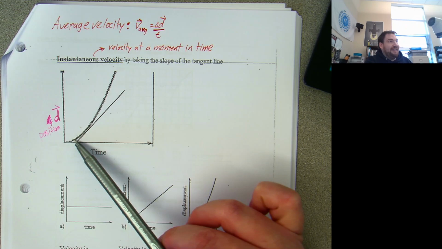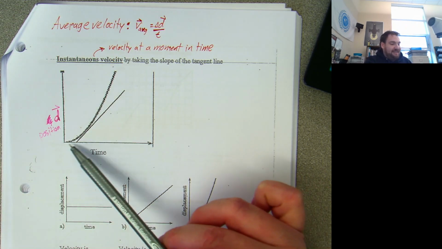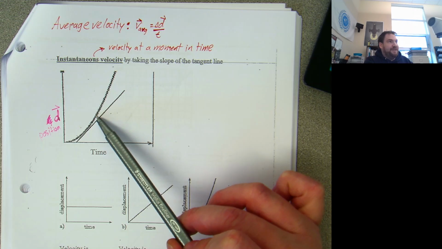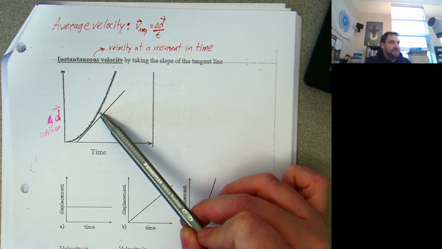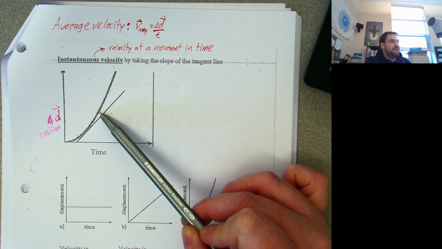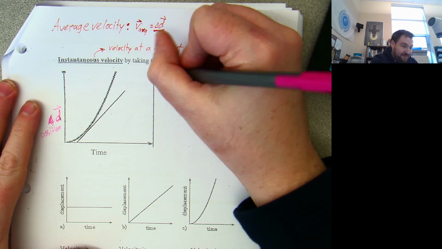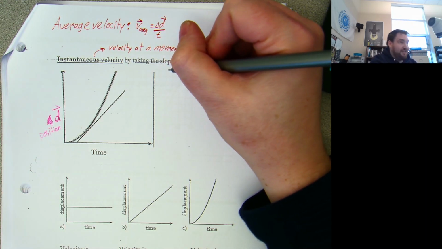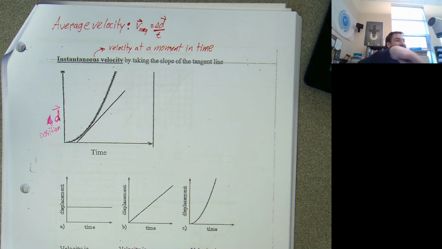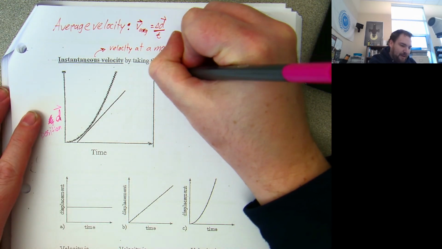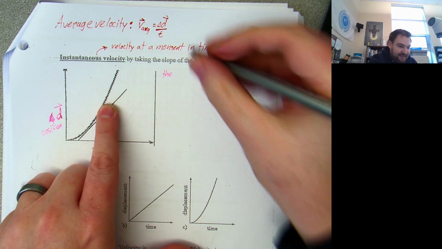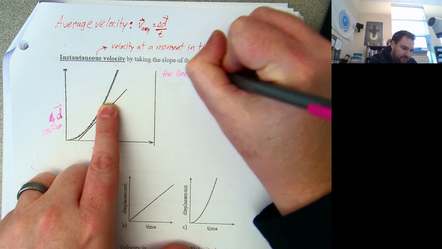If a curved line is getting steeper, that means that as time is progressing, the slope is getting steeper, and if slope is velocity, what's happening to our object in this graph? It's accelerating. So this is our introduction to the idea that speeds can actually change, which you're familiar with already, but the math is kind of interesting. So on a curved line like this, the line is getting steeper.